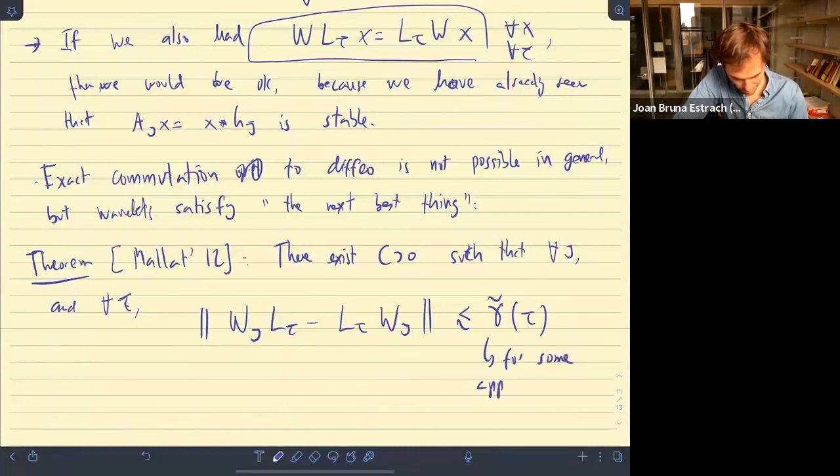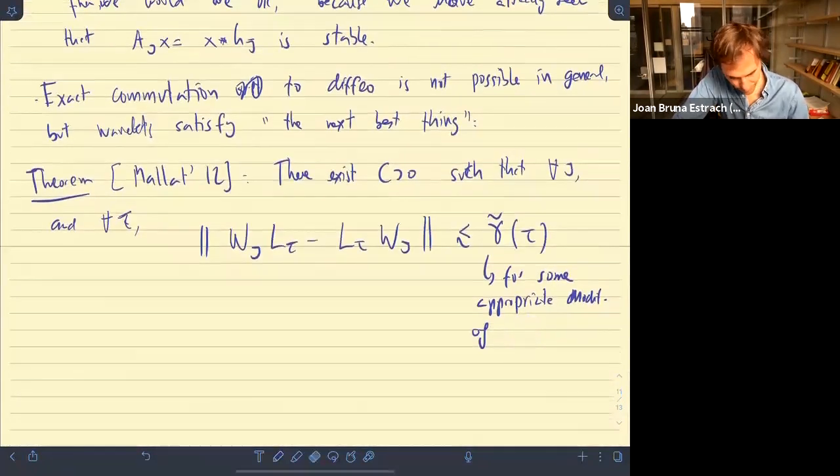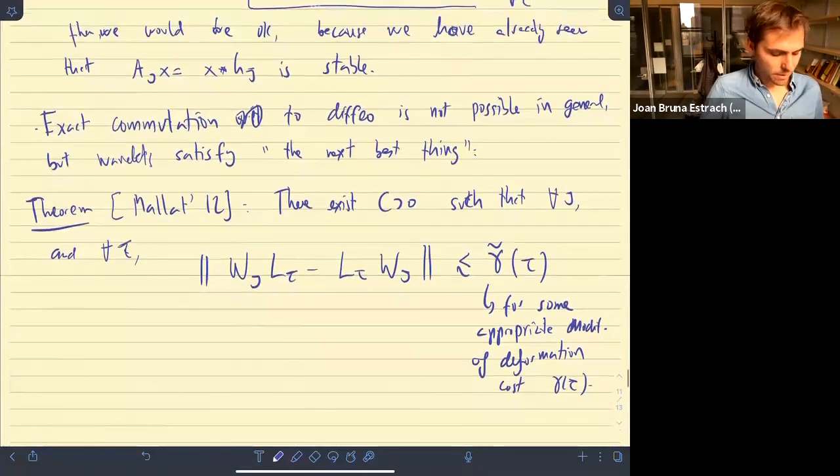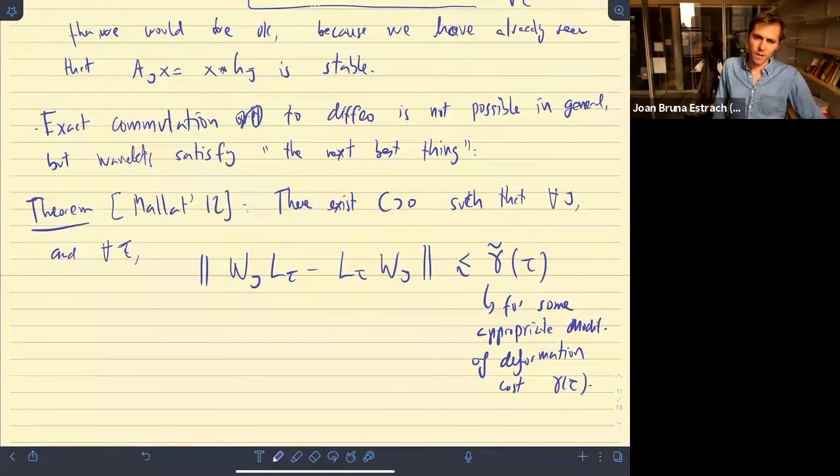For some appropriate modification of the cost. So basically, that's a very different thing.